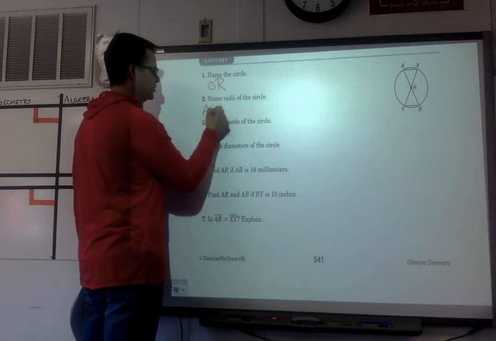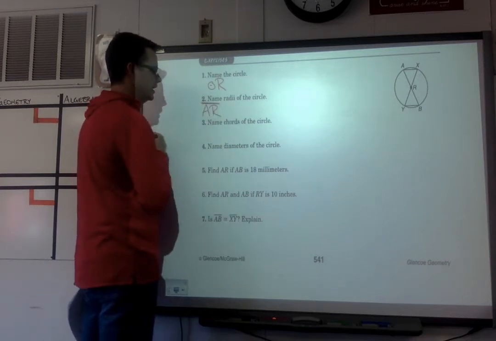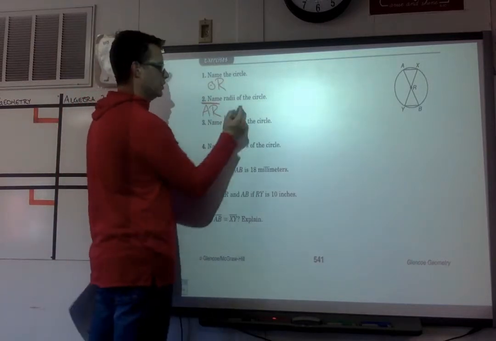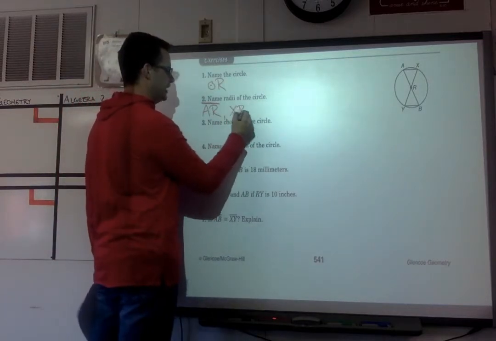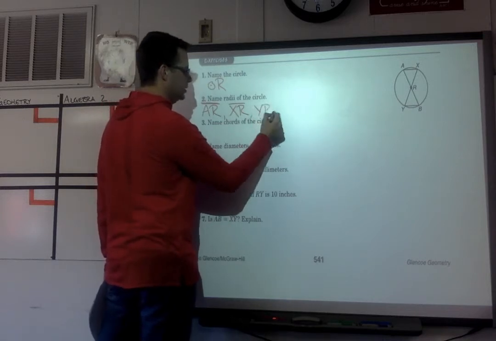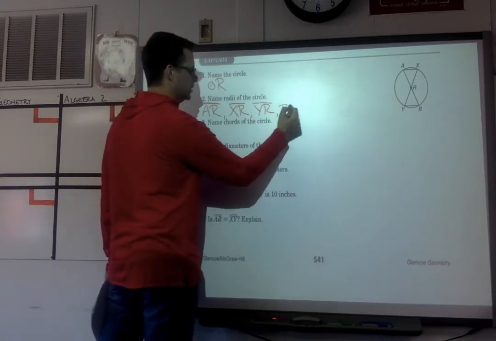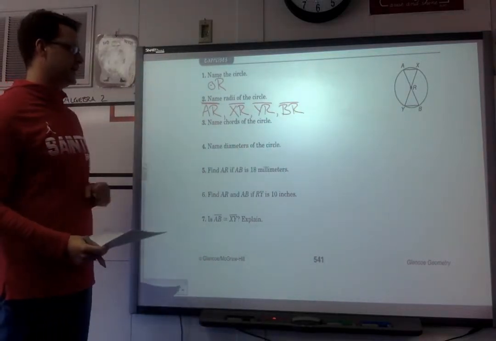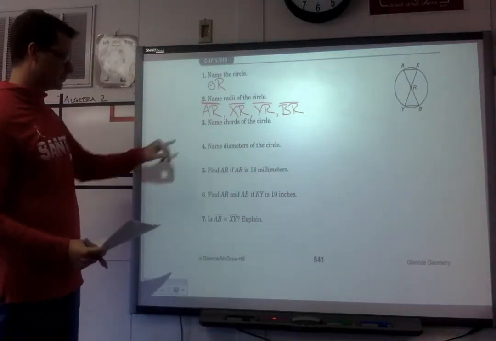So the first one could be AR, and it needs to have the line over the top since it's a segment. Then we would also have XR, we would have YR, and we would have BR. So those are the 4 radii of the circle.